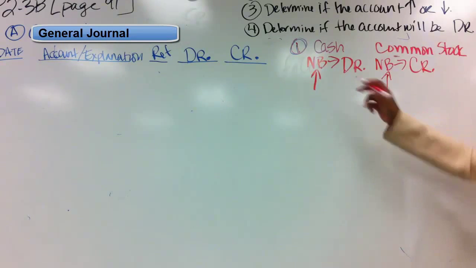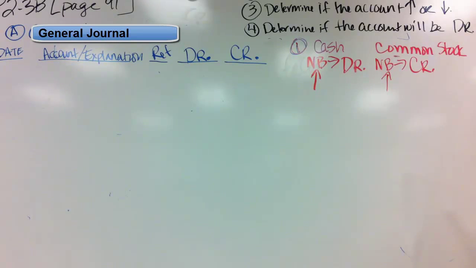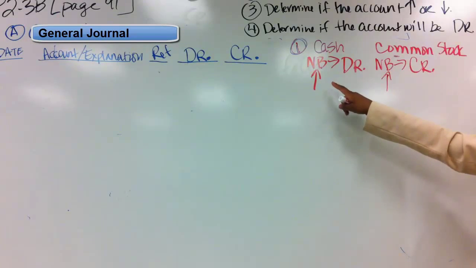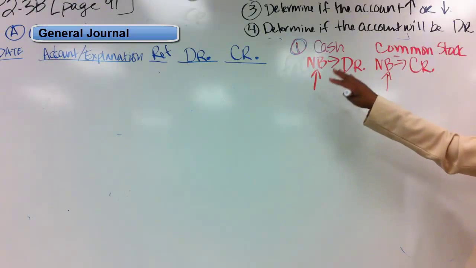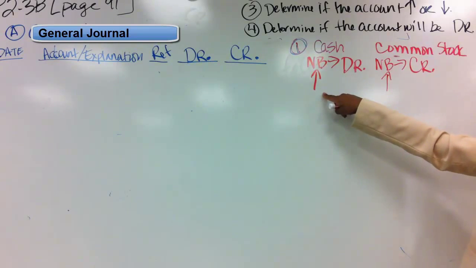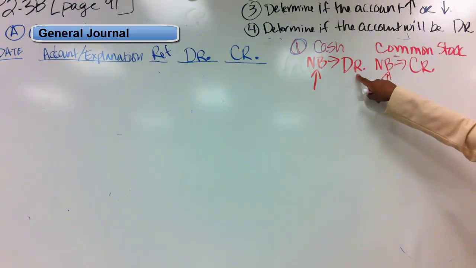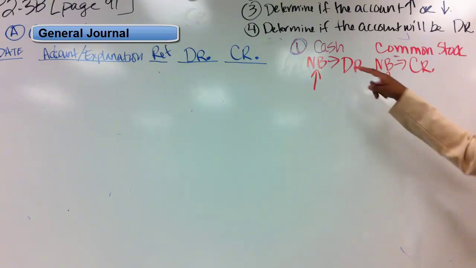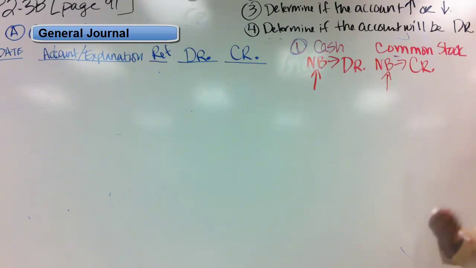Are you going to debit or credit cash? You're going to debit cash because the account is increasing. The normal balance is debit, and you want to put it on the same side as the normal balance, because normal balance means the side of the account that increases.